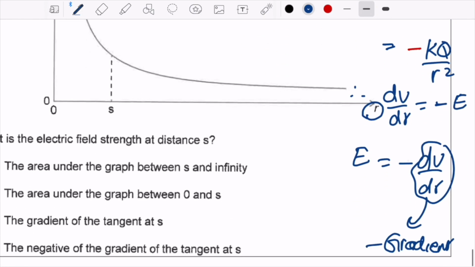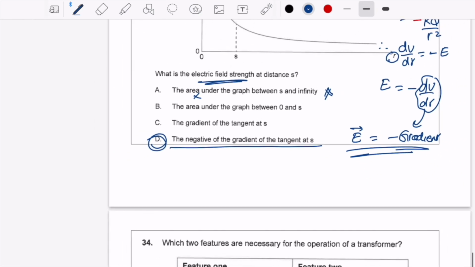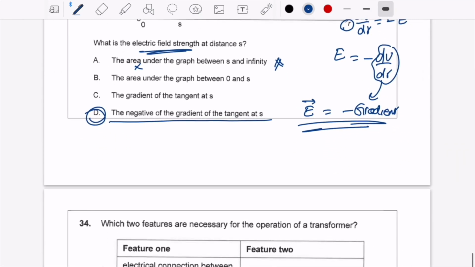So the minus gradient should give electric field strength. This is the idea: the negative of the gradient of the tangent at S gives the electric field strength. So the answer is D.